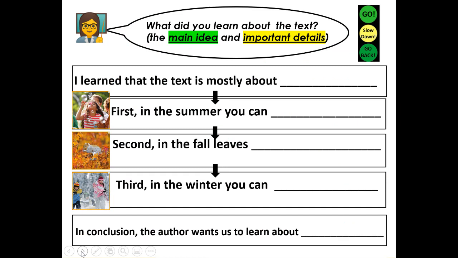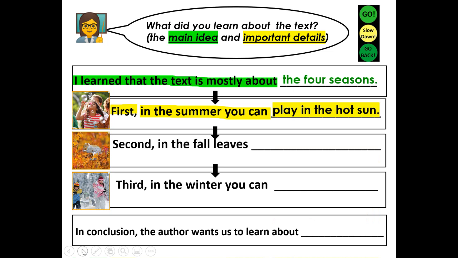All right, if you want to, you can check your writing with my example. What did you learn about the text, the main idea and important details? Well, I gave you the topic. I learned that the text is mostly about the four seasons. First, in the summer, you can play in the hot sun.